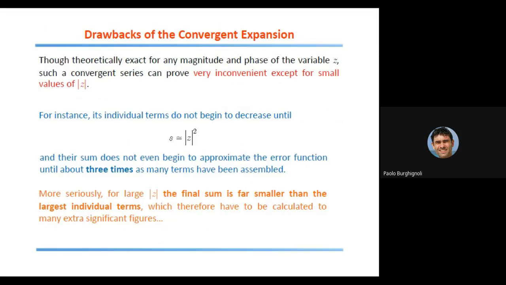For large values of z, the final sum is very much smaller than the largest individual terms, and so you need many extra figures, which may not be available on your computer. Okay, so there can be a loss of accuracy because of a purely numerical issue. So even though we have an exact, in principle, convergent expansion, this may be numerically useless.